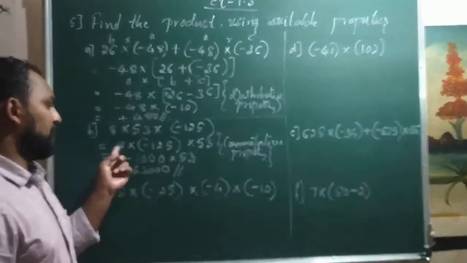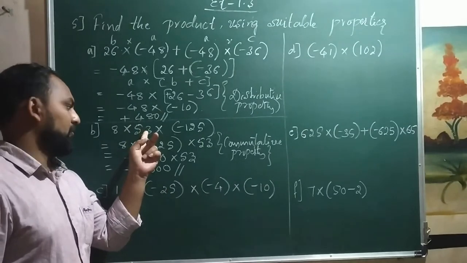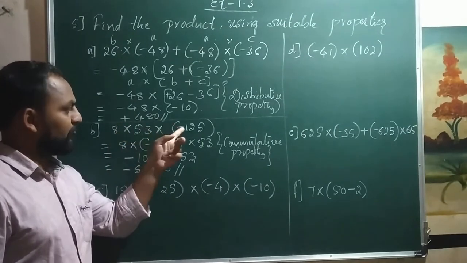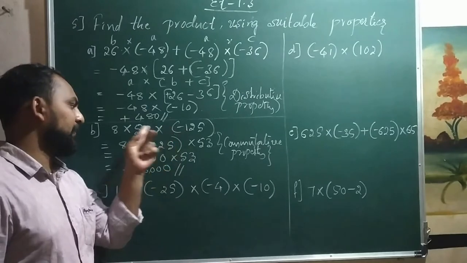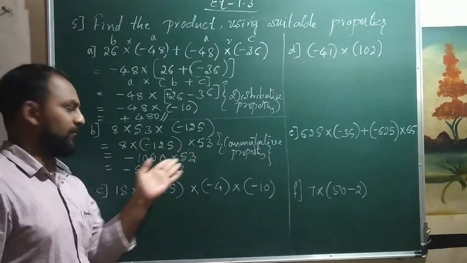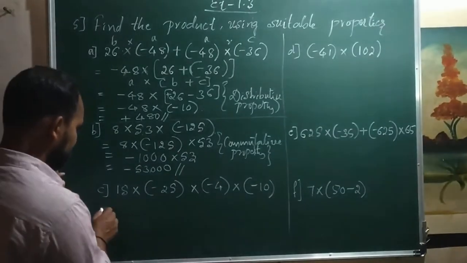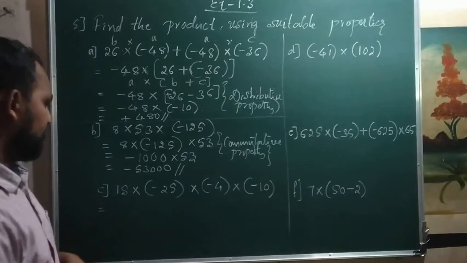Here 8 into 125, 8 into minus 125 is minus 1000, into 53 gives minus 53,000, the same as before.